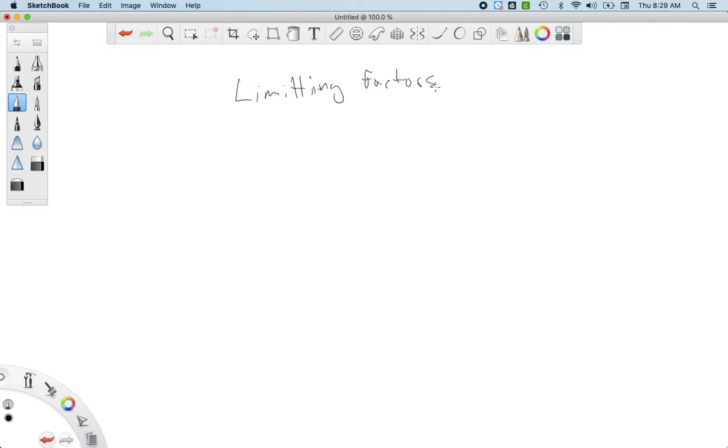There are other limiting factors out there for every single biome, for every single ecosystem. There are going to be things that are only a certain amount is available. And that will divide the ecosystem into regions. One of those regions will be the region of intolerance.